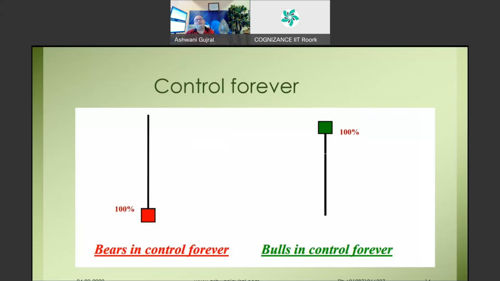So the first bar you can see is a very bearish bar, particularly if it occurs at a good location. Good location means after a rally. And similarly, the second bar, if it occurs post a decline, is an extremely bullish bar. Where do you put your stop? You put your stop at the highest point on the first bar and below the low of the day on the second bar.